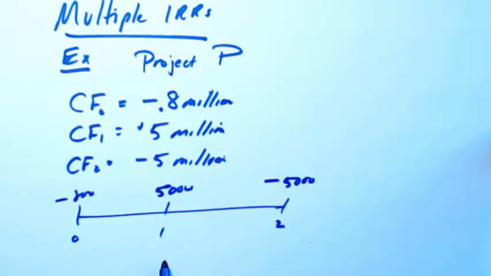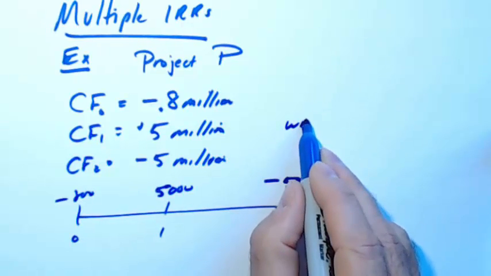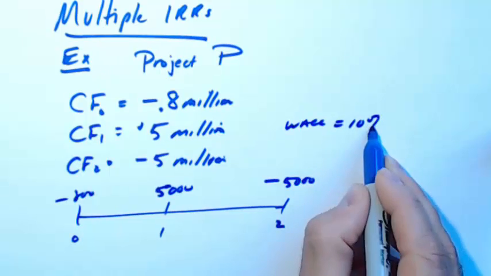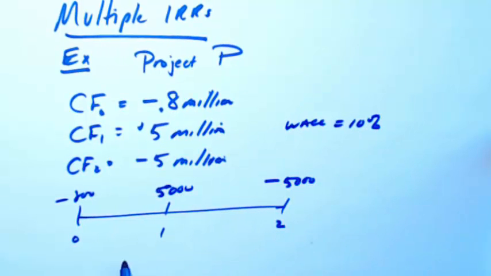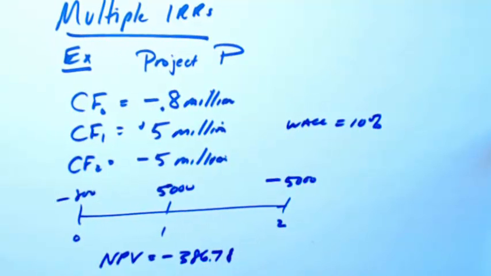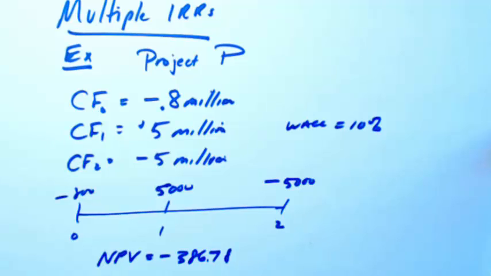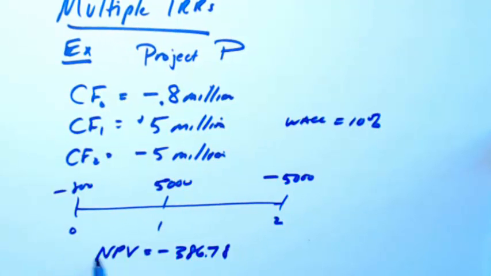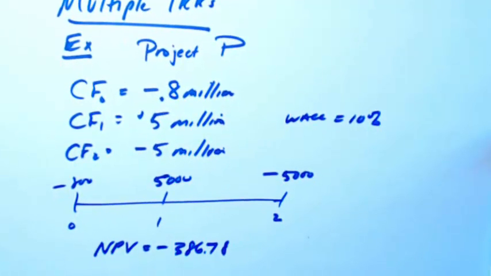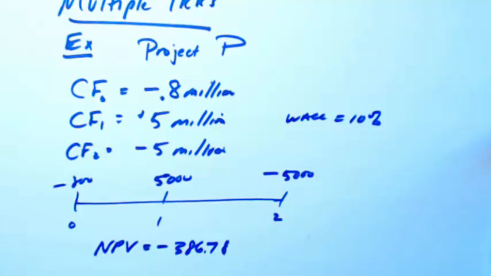So we calculate the present value, let's assume a weighted average cost of capital of 10%. And we discount everything back, we get a net present value of minus 386.78, which right off the bat tells you stay clear of this project because it costs you more than what you're going to make. When you see a negative net present value, it's telling you stay away.